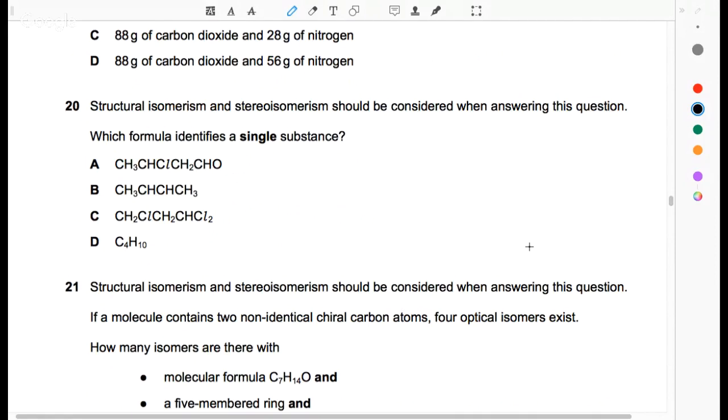So if you look at A, B, C, and D, D is obviously not going to be the one, because it has structural isomers. And none of A, B, C will have structural isomers.